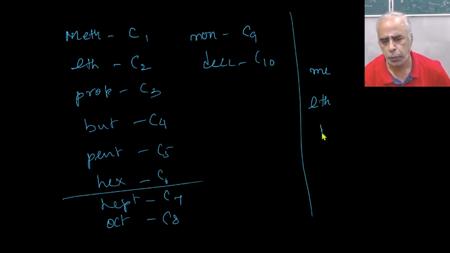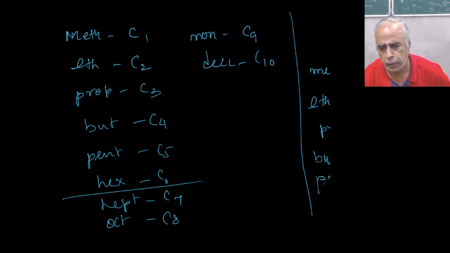Similarly propane, C3: 3 twos are 6 plus 2, 8. Now can you tell me butane? C4H10. What about pentane? C5H12. Got it? Right.